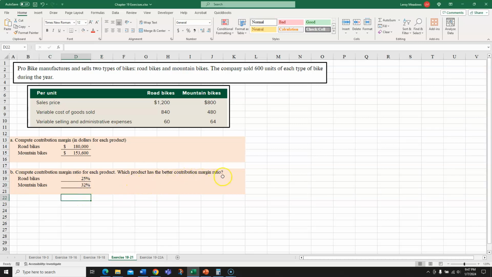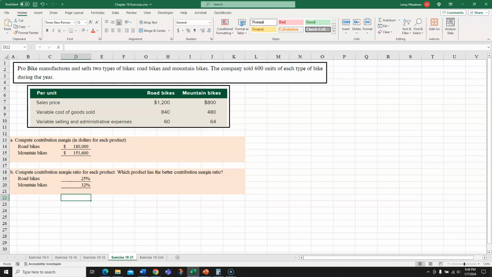So which product has a better contribution margin ratio? Mountain bikes does, because for each dollar of sales, a greater percentage of the sales is going to cover fixed costs than it would be for selling a road bike. So mountain bikes has the highest contribution margin ratio, or a higher percentage of sales that's going to cover fixed costs.